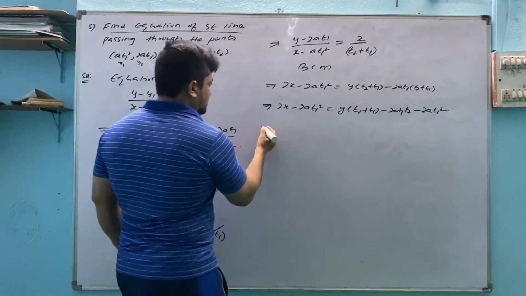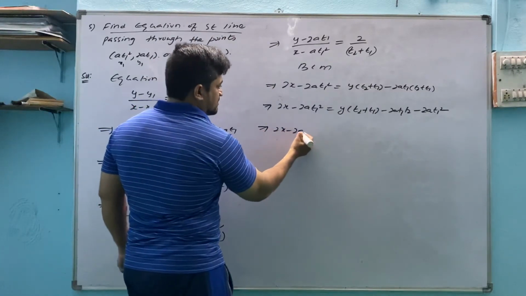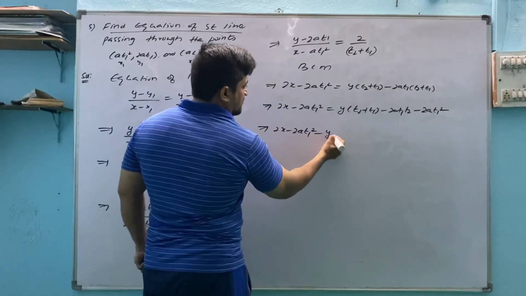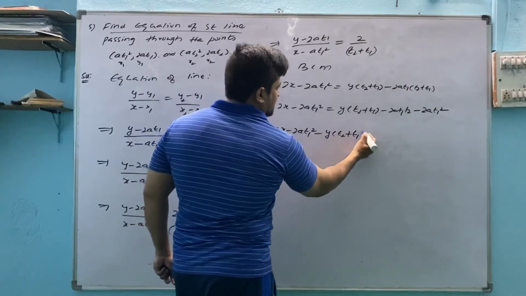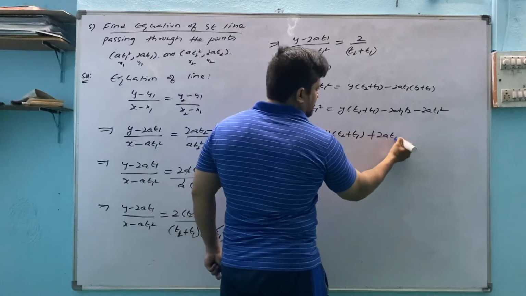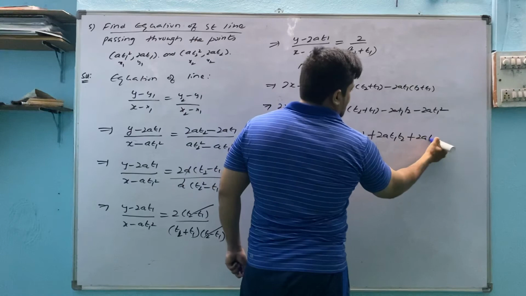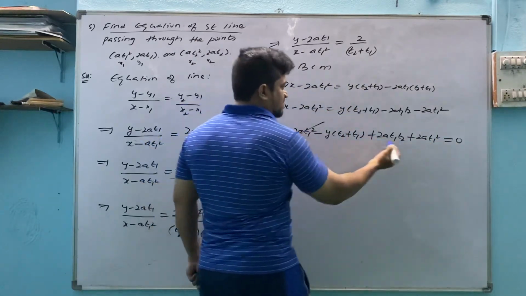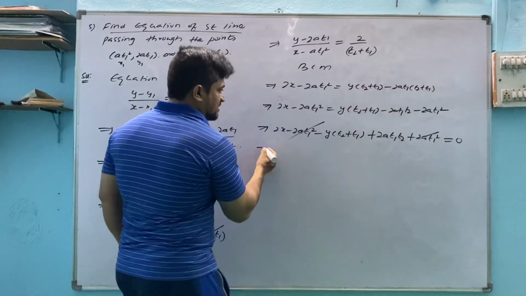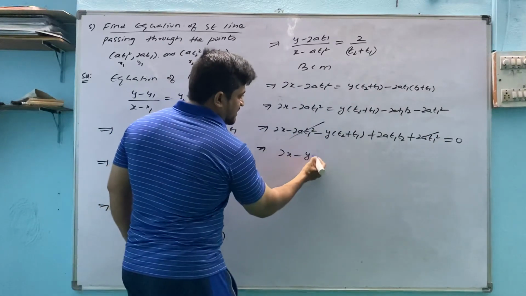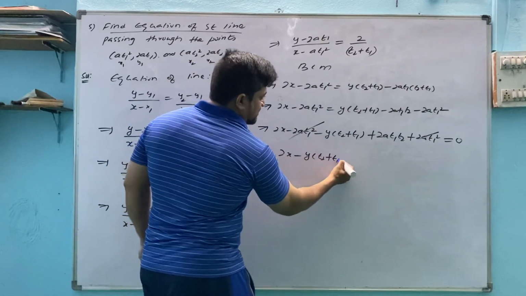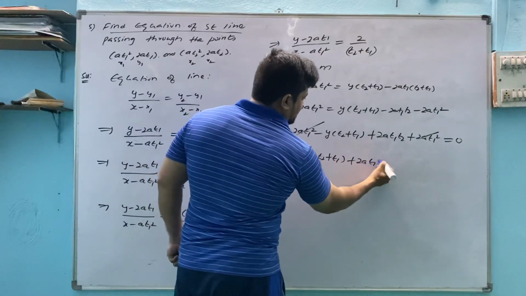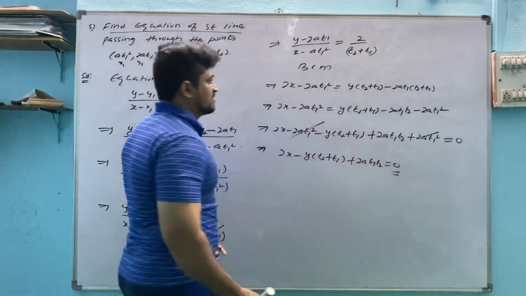Take all the terms to the left side. y into t2 plus t1 plus 2a t1 t2 plus 2a t1 square equals 0. Minus 2 t1 square plus 2 t1 square cancel. So 2x minus y into (t2 plus t1) plus 2a t1 t2 equals 0.